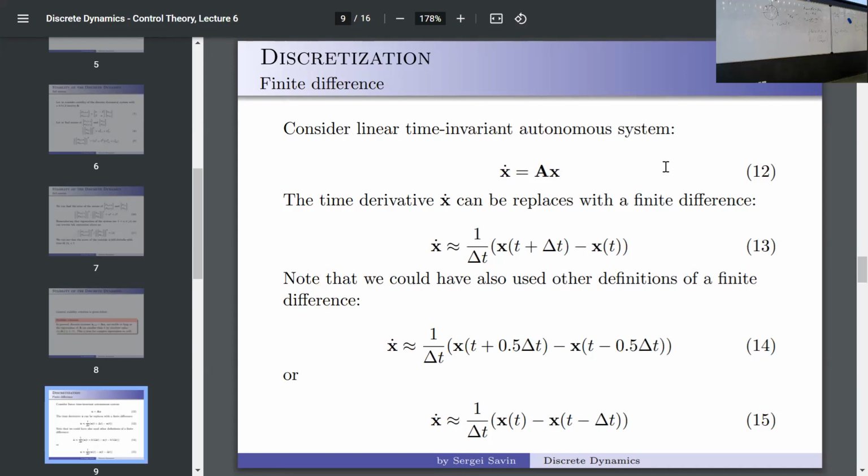So if we fix delta as some number, not as something that goes to 0, but just some finite number, and we can call it delta t, to be verbose, what we get is expression number 13, right?